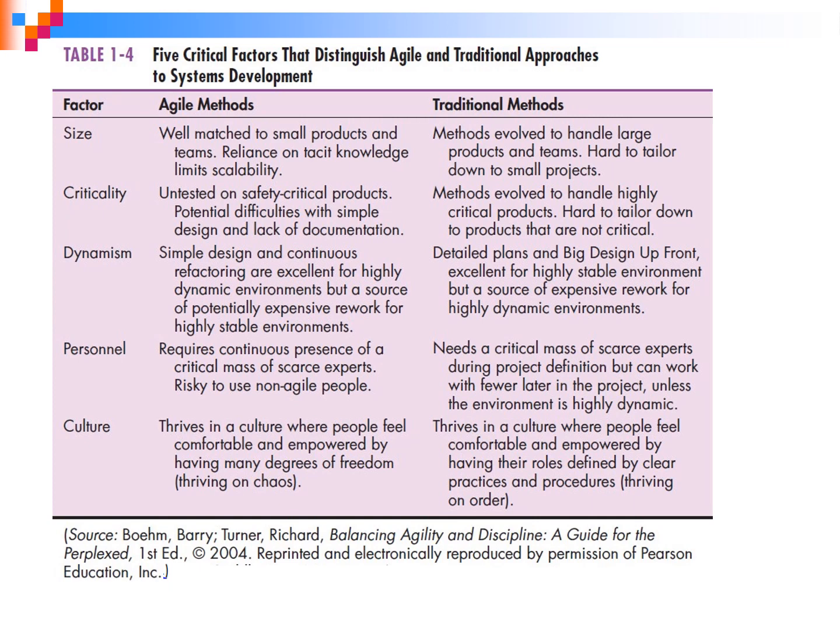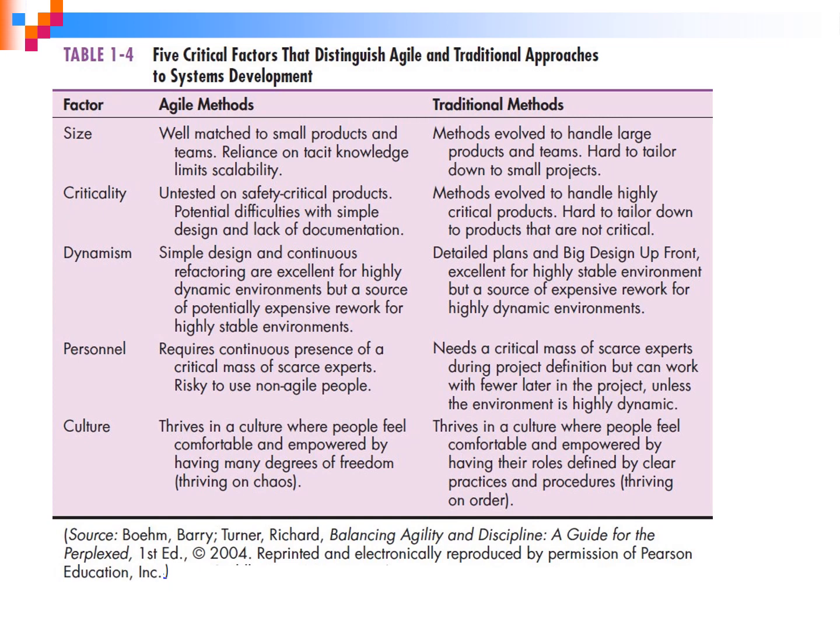Okay, dynamism: simple design and continuous refactoring are excellent in highly dynamic environments, but a source of potentially expensive rework for highly stable environments. So that is for the agile method. And then for the traditional method, detailed plans and big design upfront are excellent for highly stable environments, but a source of expensive rework for highly dynamic environments.